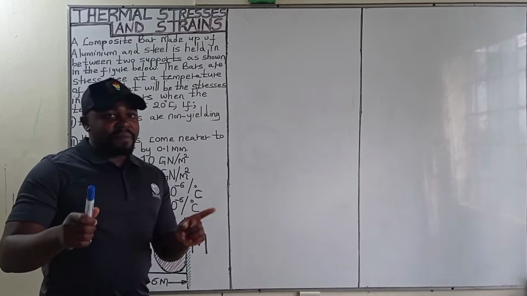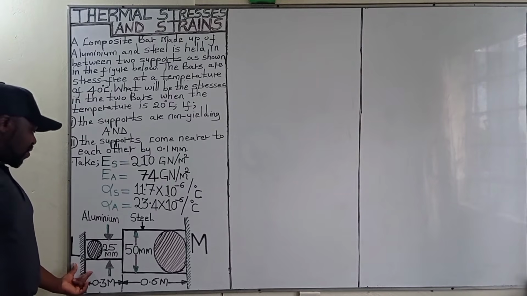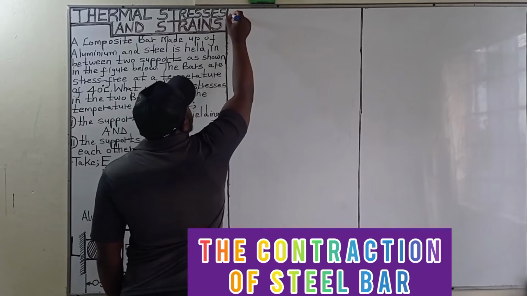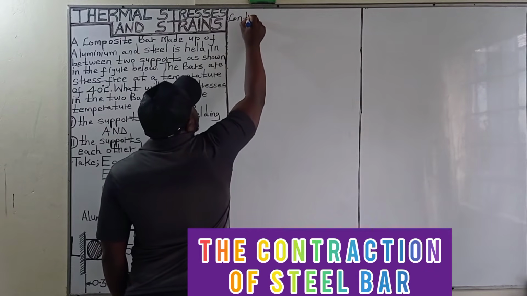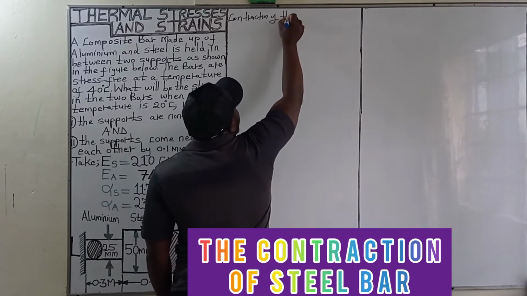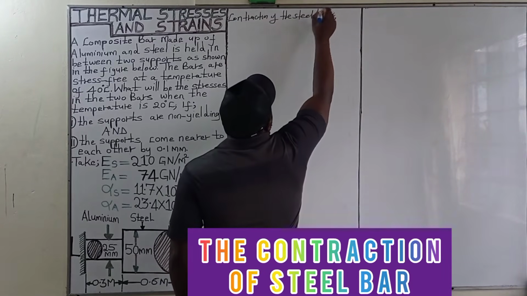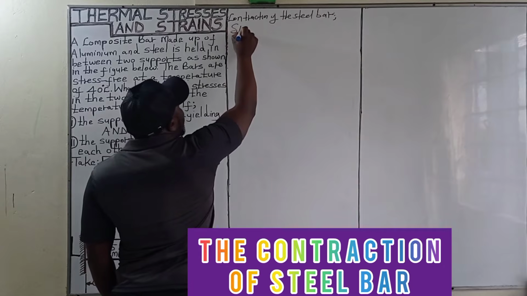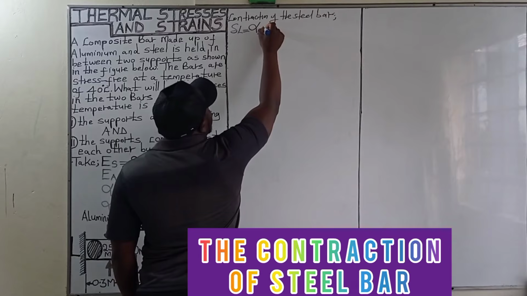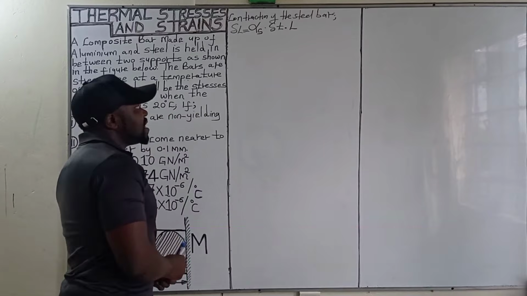We are going to assume that the support L is removed so that the bar contracts freely. The contraction of the steel bar, that is the free contraction of the free bar, will be given by the coefficient of linear expansion of steel multiplied by the change in temperature multiplied by the length of the steel bar.